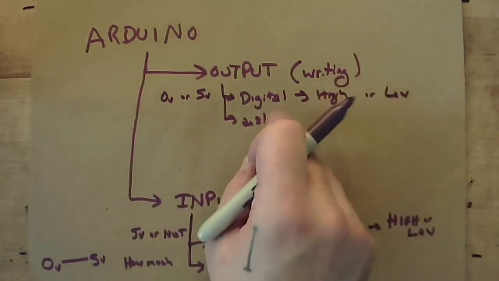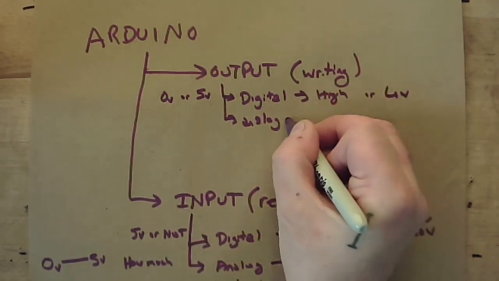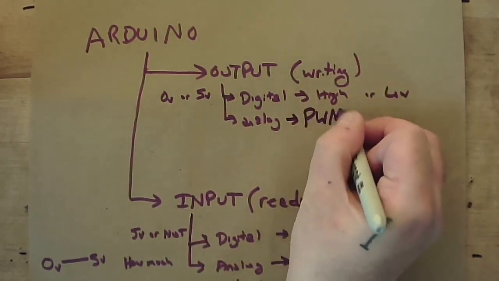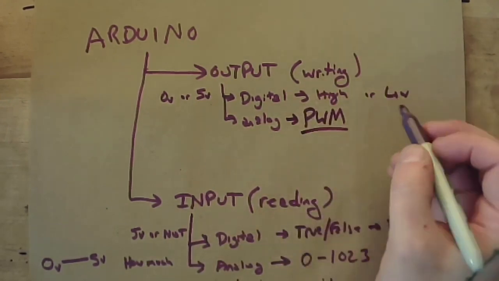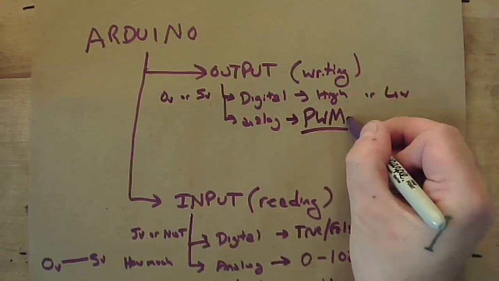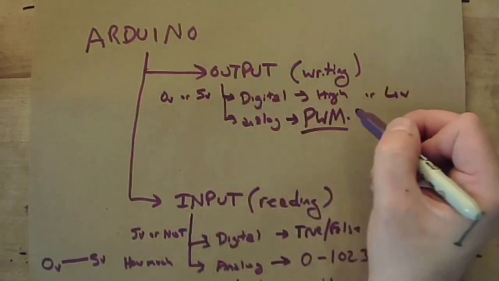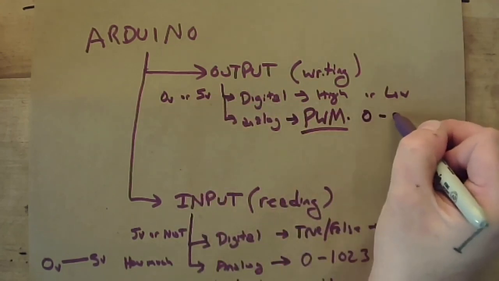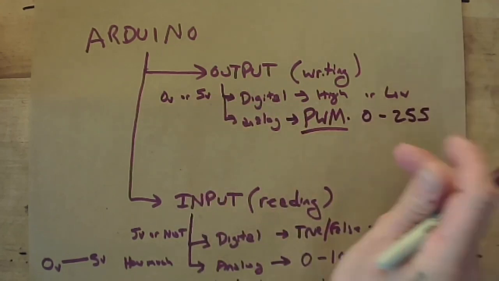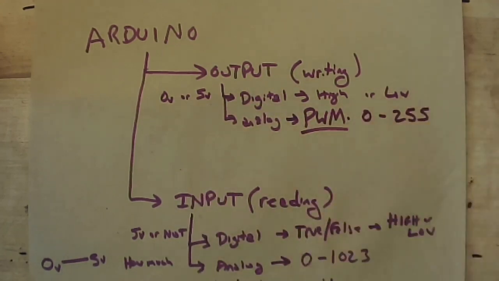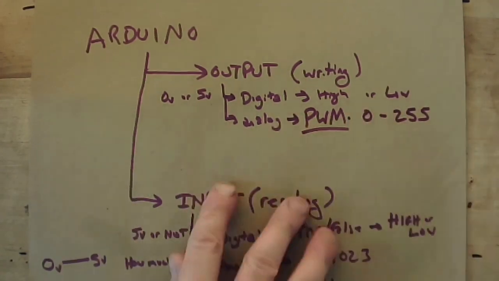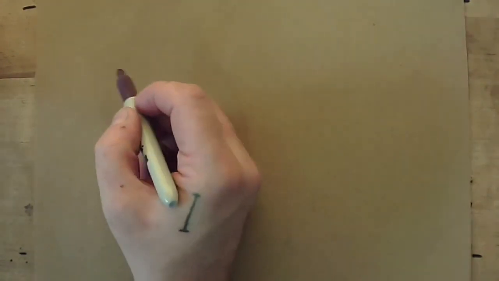And for analog write, this is our PWM, which in Arduino has a value of 0 through 255. So it has a lower resolution than the input, but both of them are, as we are familiar with, powers of 2, right?